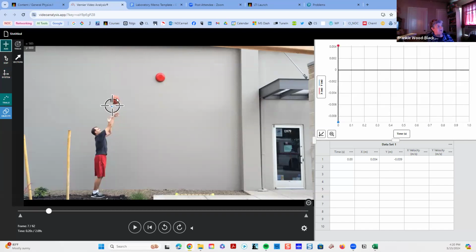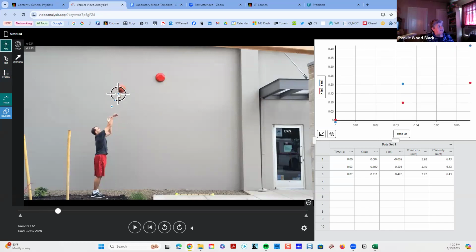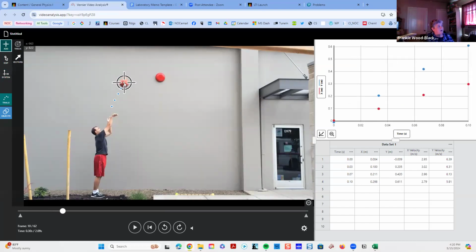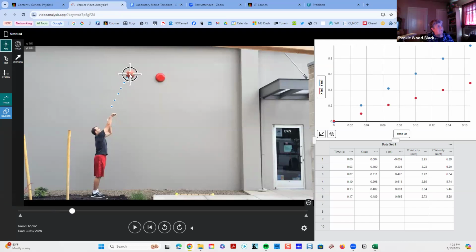I'm adding a point. And as this ball goes up, I'm going to estimate where the center of the ball is. As I do that, it's clicking through one frame at a time. And we're getting the ball going up. It's starting to get to the top of its arc.